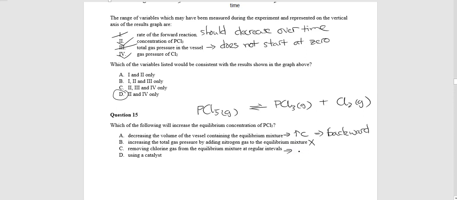Now that's good because this is going to cause more forward reaction, and you're definitely going to have more PCl3 being produced. You will have more forward reaction because you remove a product, so the system wants to replace that. D, using a catalyst does not affect equilibrium, so the answer has to be C.